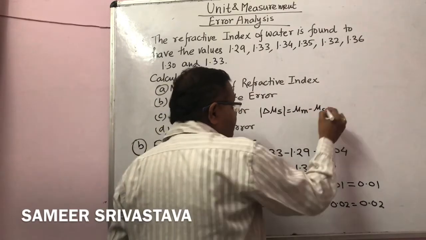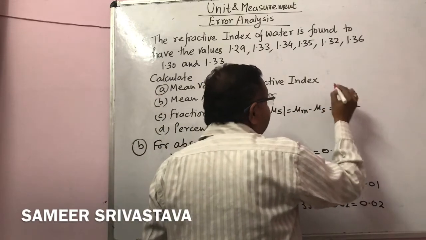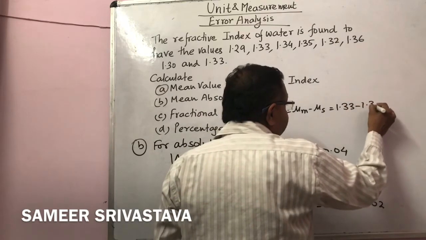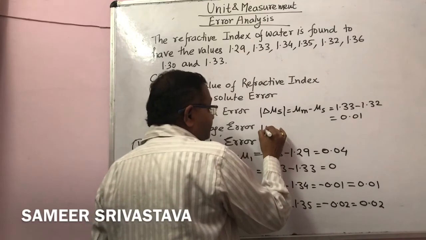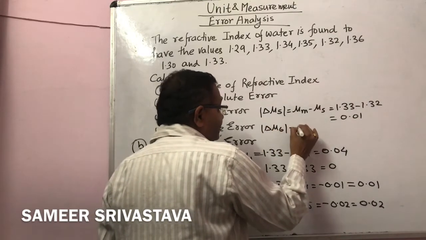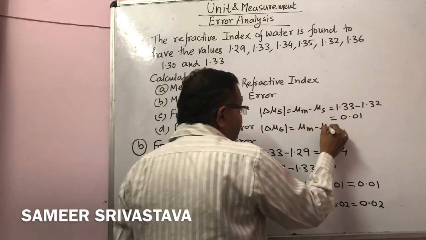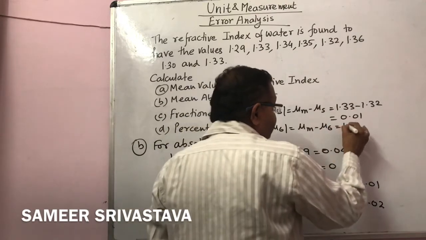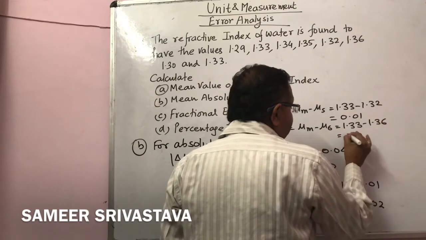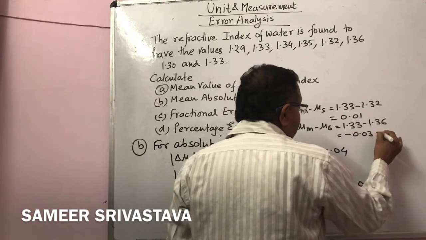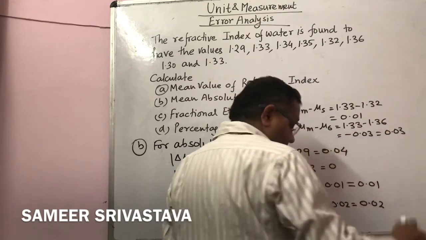That is, mu m is 1.33 and mu 5 is 1.32. That is 0.01, a positive value. Mod mu 6, mu m minus mu 6. This is 1.33 minus 1.36. That is minus 0.03, or its positive value 0.03.